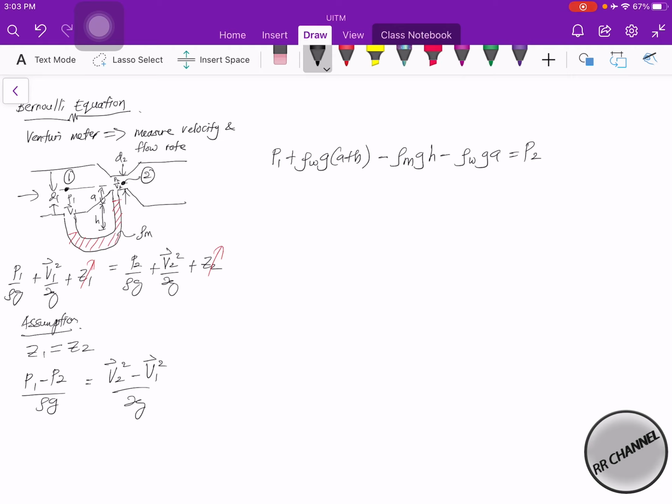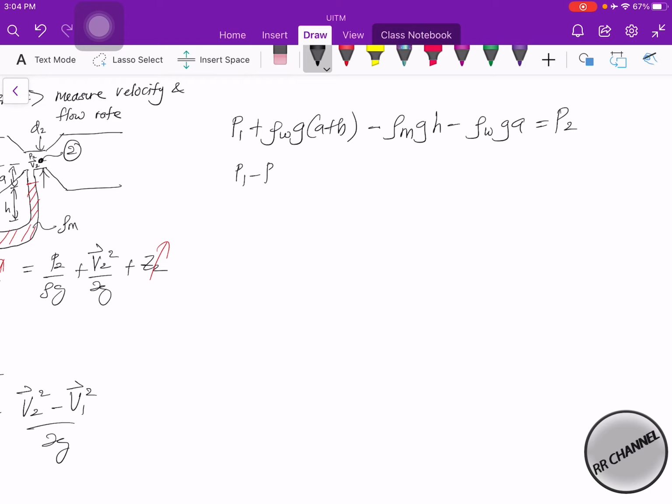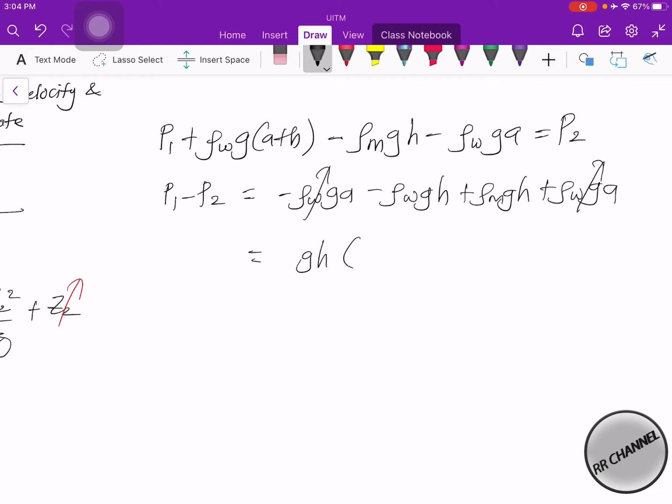Now we write this equation in terms of P1 minus P2. P1 minus P2 equals negative rho W g A minus rho W g h plus rho M g h plus rho W g A. The A terms cancel out, and this is equal to g h times rho mercury minus rho of the water.